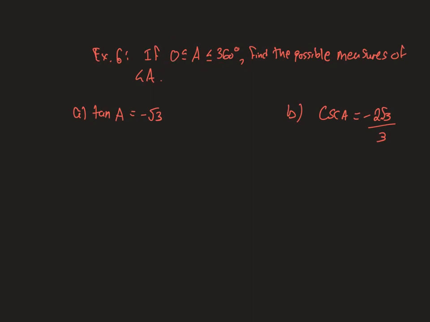So, first thing you should notice is this negative here is not needed when we need to solve our angles. Mainly because this negative is just telling me the position of where my angle is, not what the actual angle is. So you don't need to worry about it right now.